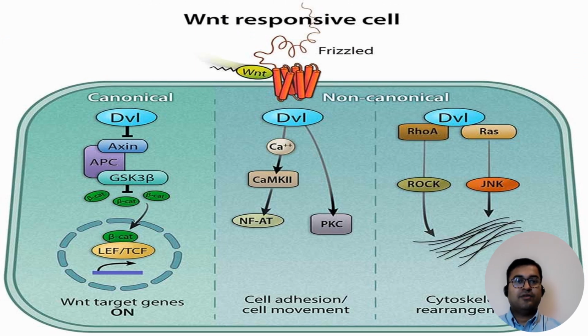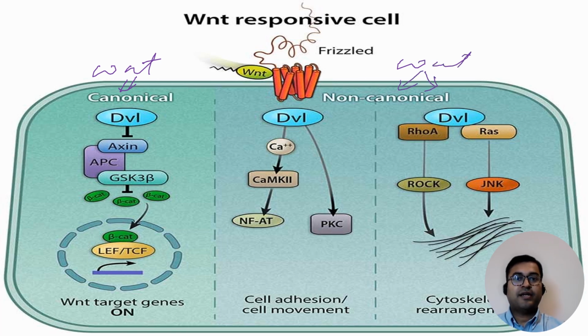Now in this cartoon you can clearly see the difference between the different types of Wnt signaling pathway. So this is the Wnt canonical pathway and these two are Wnt non-canonical pathways.